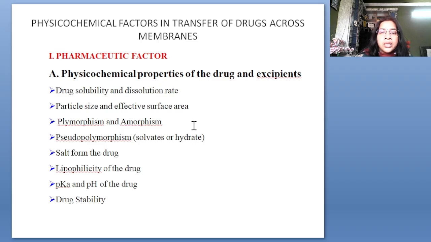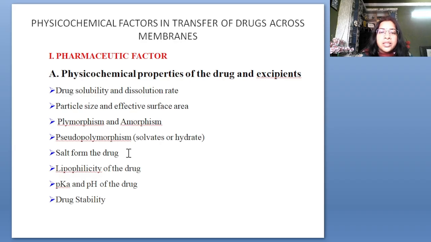You can see many chemicals exist in the form of anhydrous or dihydrate, trihydrates likewise, or you can see the names griseofulvin, chloroform, etc. Then the salt form of the drug. You can see that most drugs exist in salt form.